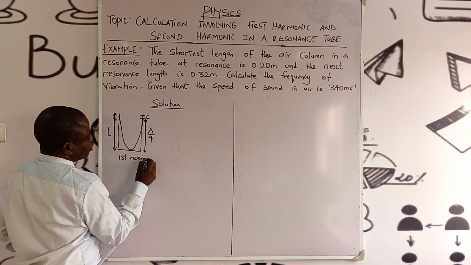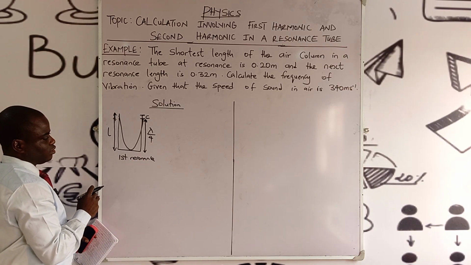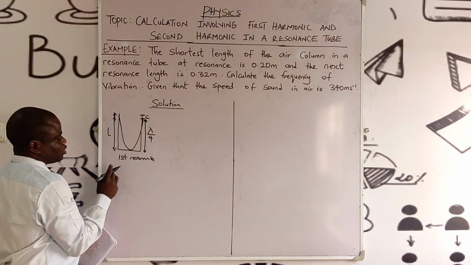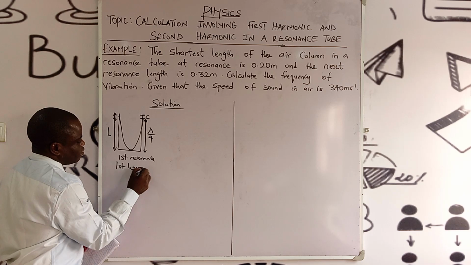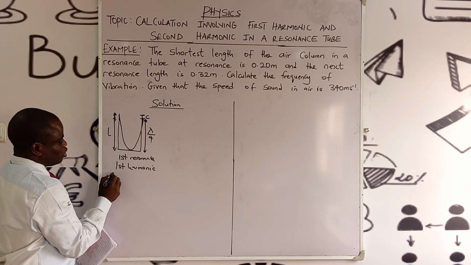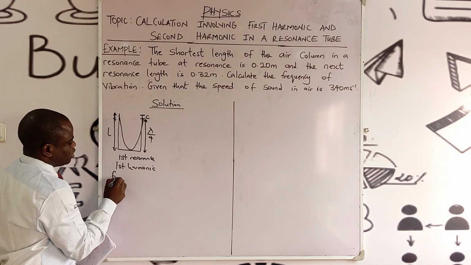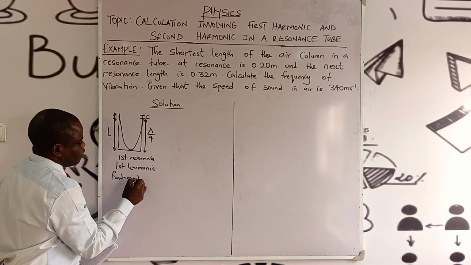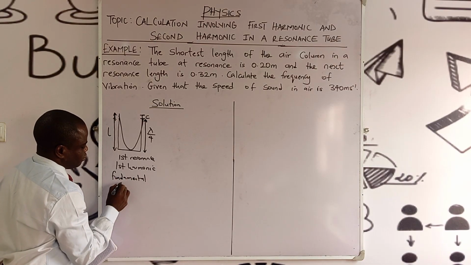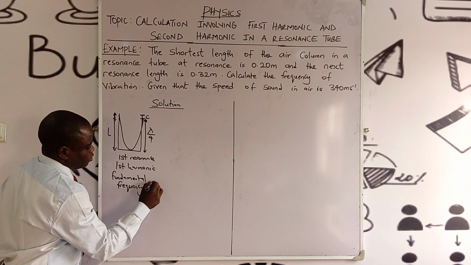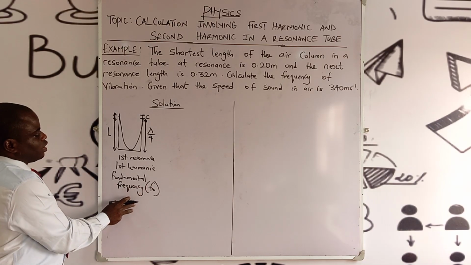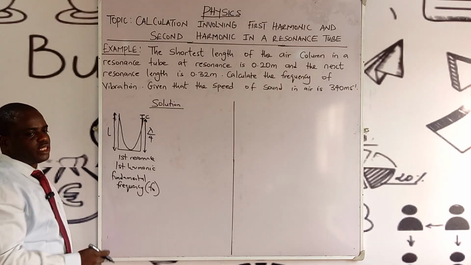That's why you have this one to be the first resonance, which is the shortest length. And in that first resonance, we have the first harmonic, and we also have the fundamental frequency, F naught. This is what can be found in the first resonance, which is the shortest length.